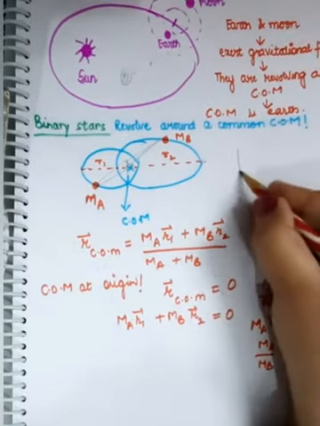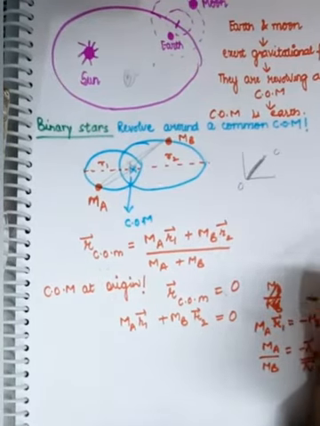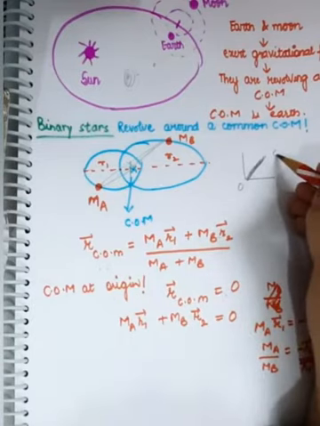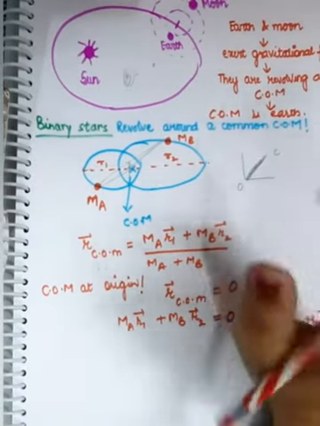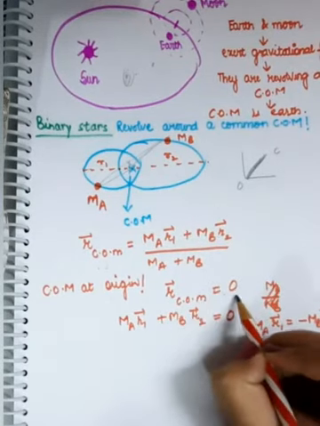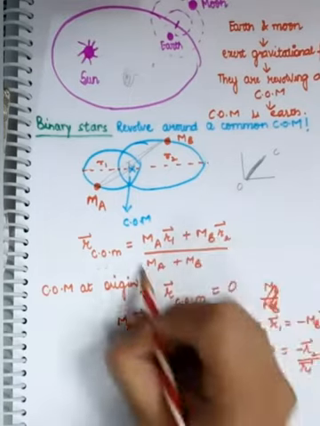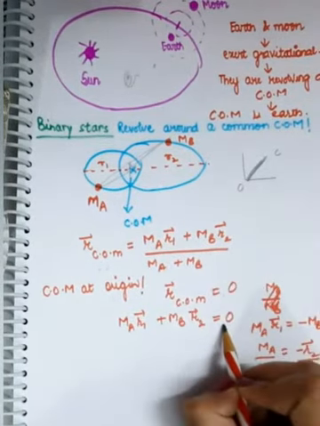Okay? Because if this is the origin, this is the center of mass, this is the position vector of the center of mass. But if the center of mass is taken at the origin, then of course this position vector is going to be 0. And that's what I am going to put over here. This is 0, and the numerator equates to 0.